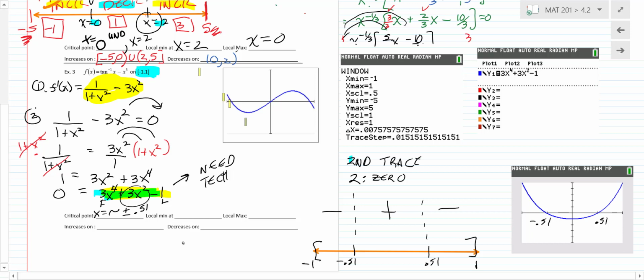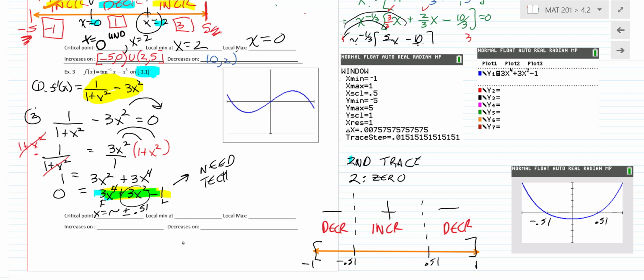So it looks like what we're going to have is we're going to be decreasing here, increasing here, then decreasing again, and then we can write those intervals out. So we're going to be, first of all, increasing from here to here. Okay, so that's just going to be from parenthesis -0.51 to positive 0.51, okay, with parentheses.